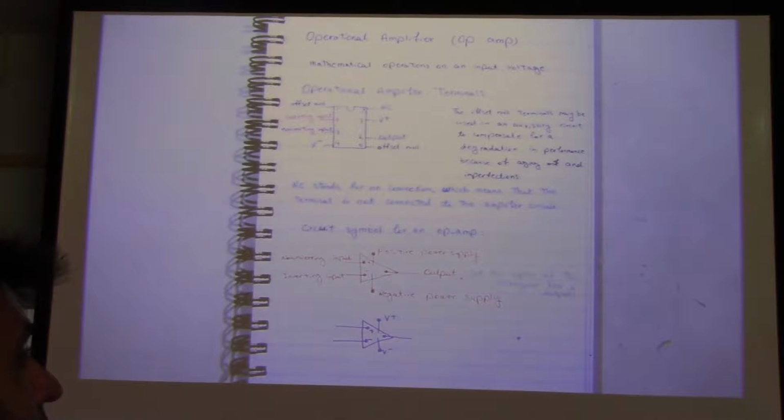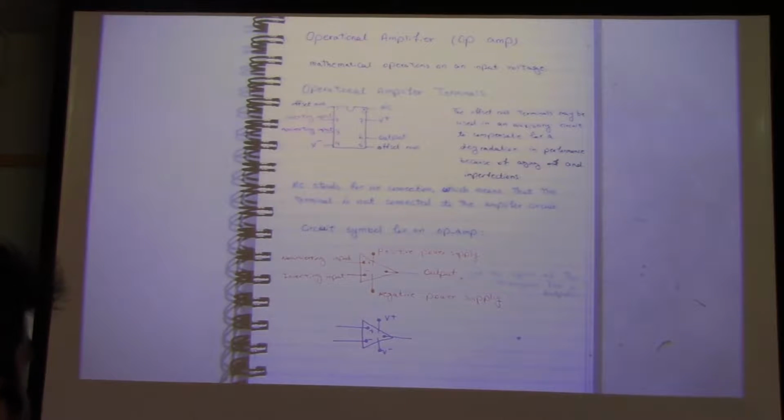So if I give you an oscilloscope, which terminal would you connect it to? 6. Why? Because this is your output. Is that clear? Any questions about op-amp?